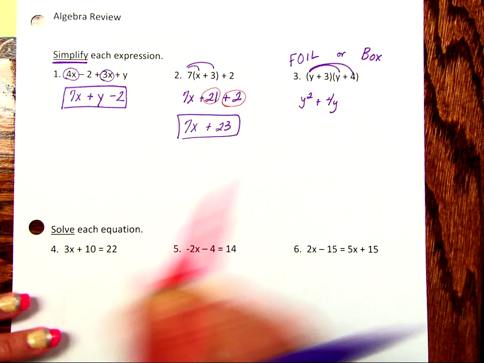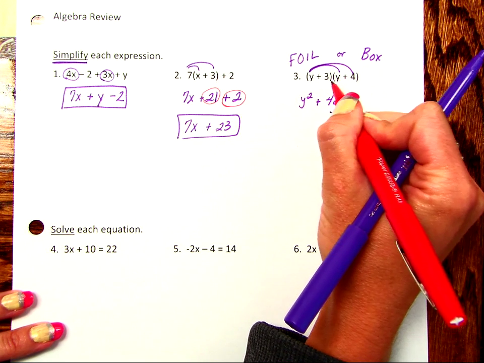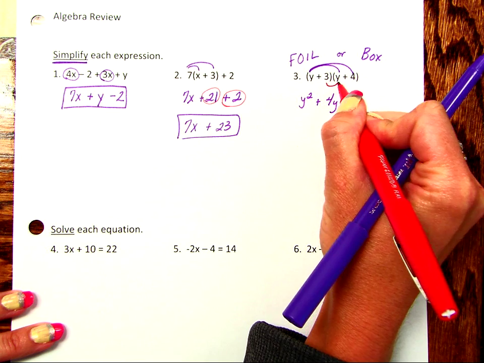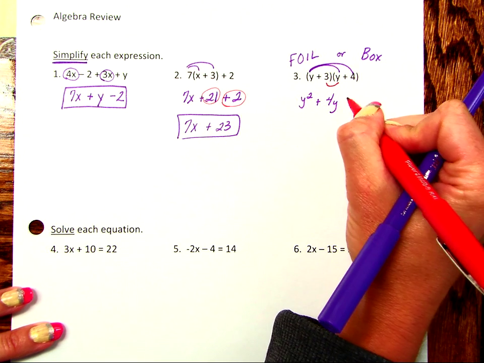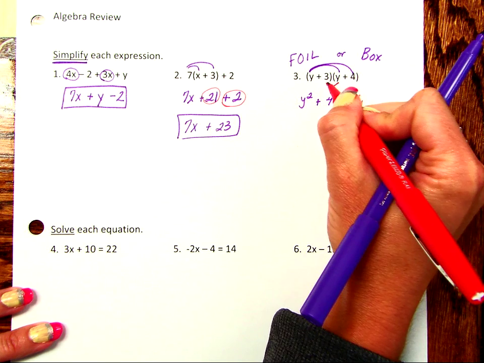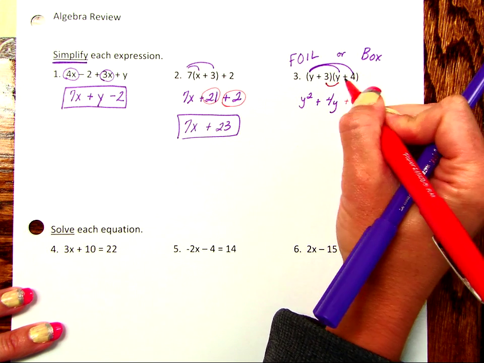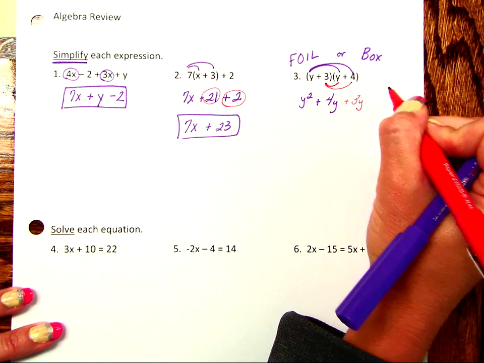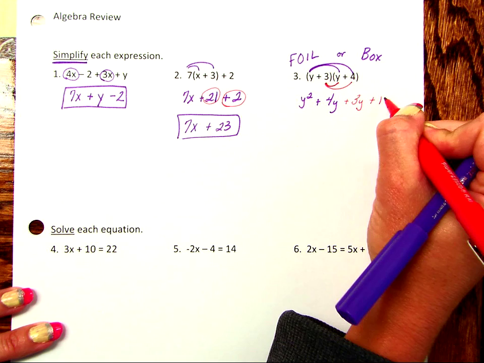Now I'm going to look at my inside terms, and my inside terms are these two right here, 3 and y. When I multiply that, I get 3y. My last terms, the last one in each group, are the 3 and 4. Well, 3 times 4 is 12.